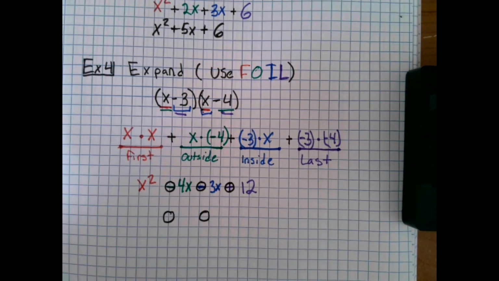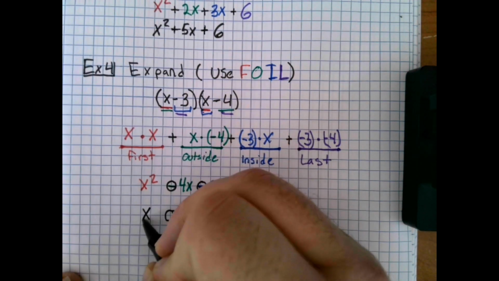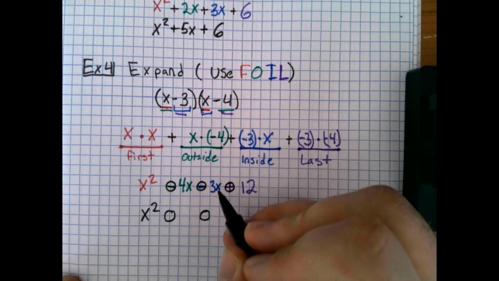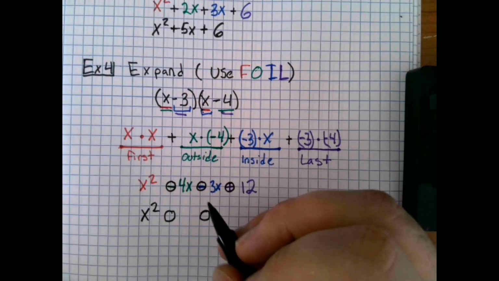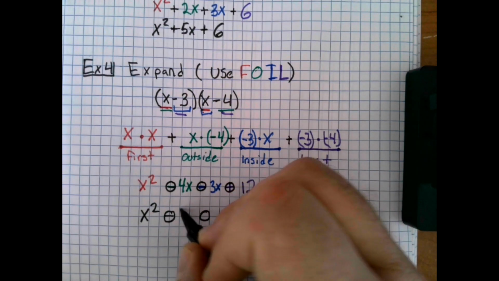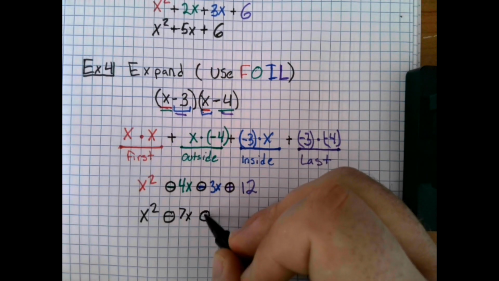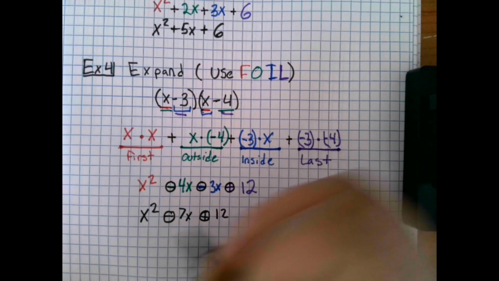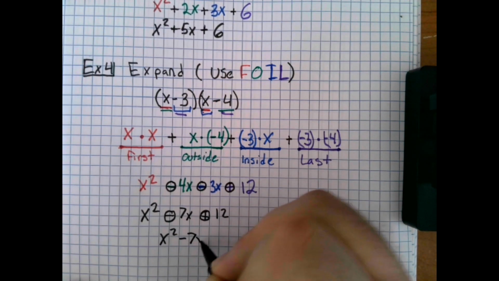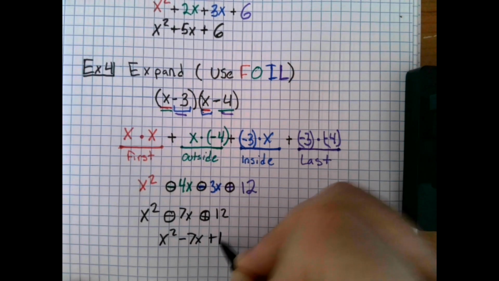So, we will have x squared, and now these are both like terms of x and x. Negative 4x and negative 3x together make negative 7x, and then we'll still have plus 12. So that's x squared minus 7x plus 12.